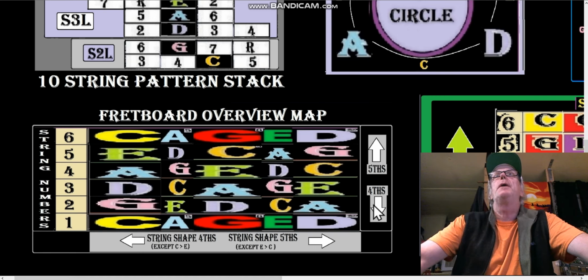So it says up here with the fifths, except E goes to C, not to B, so we have the best fit back into the caged letters. In the fourths, C goes to E, not F, so going in fourths down, except C goes to E, not F. Best fit back into the caged word.